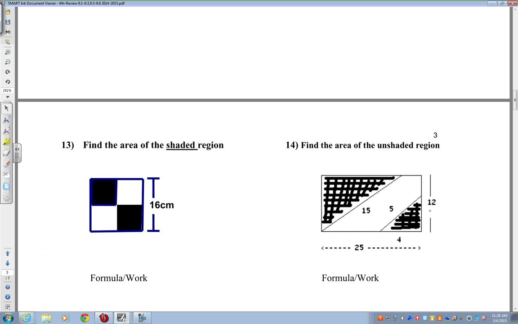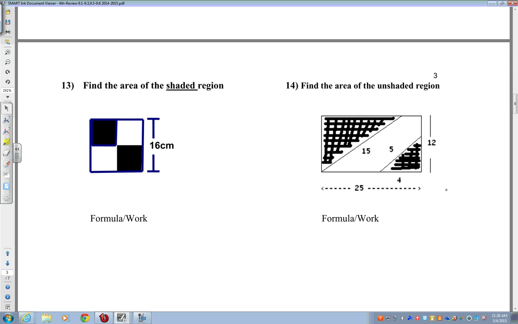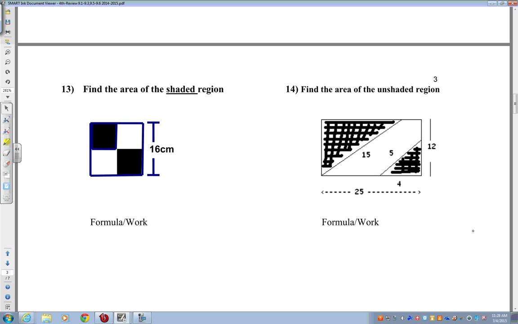All right. On this page, number 14. 14 has several steps. Now, on 13, do y'all see it's divided into fours right here? Yeah, the area by 4. Like this is 16, so this would be 16, right?